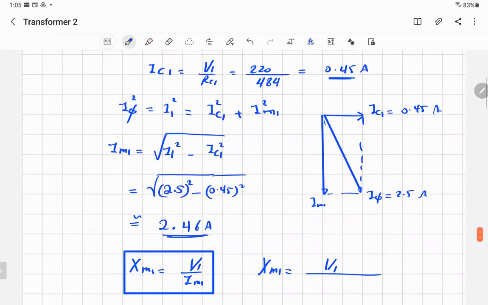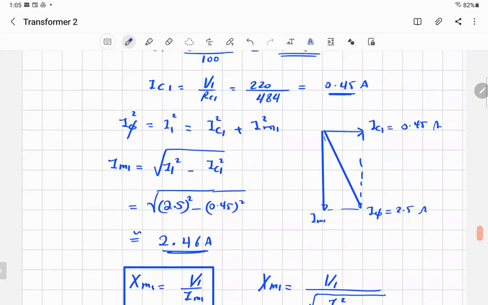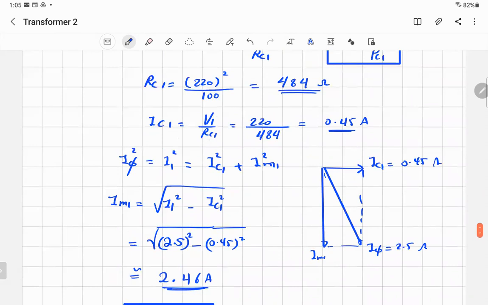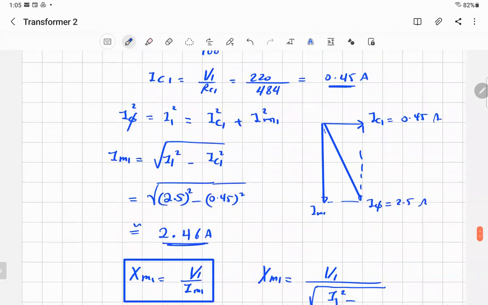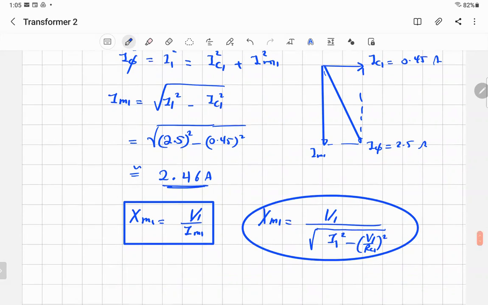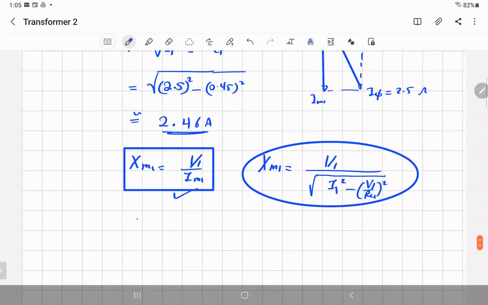But if you want one formula, IM1 will be the square root of I1 squared measured in the lab minus IC1 squared, where I got IC1 by dividing V1 over RC1. That's another way to calculate. Anyway, this is a mean symbol, of course.